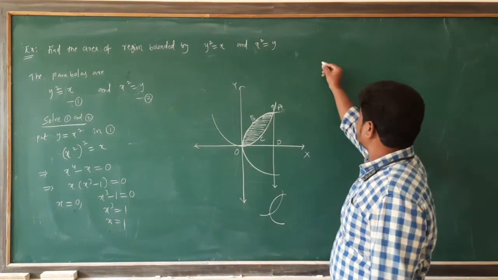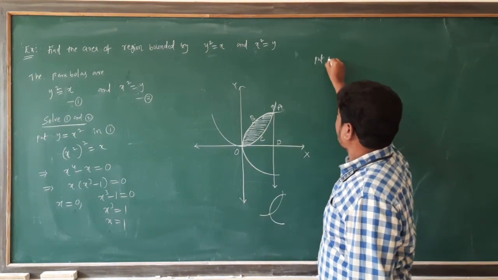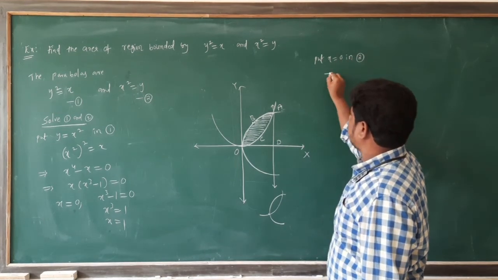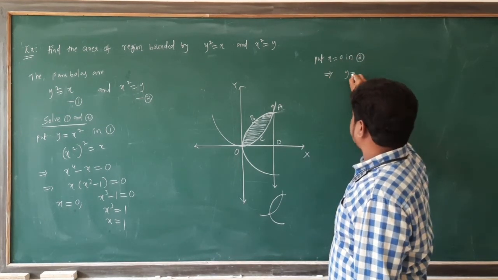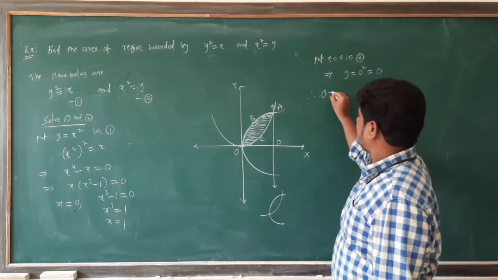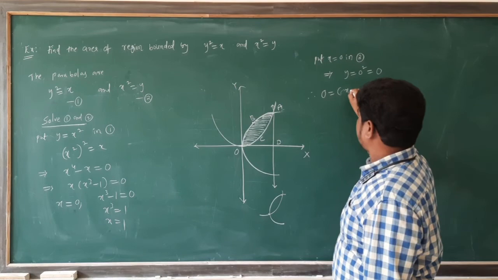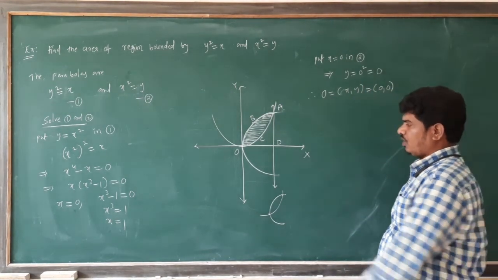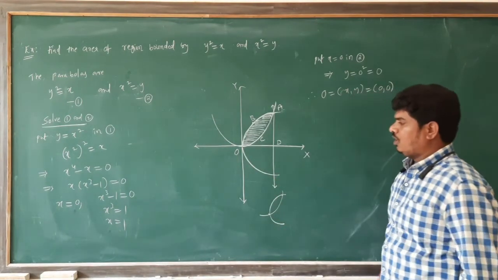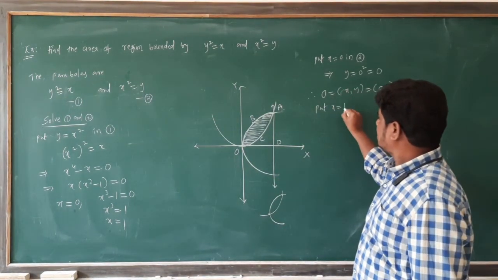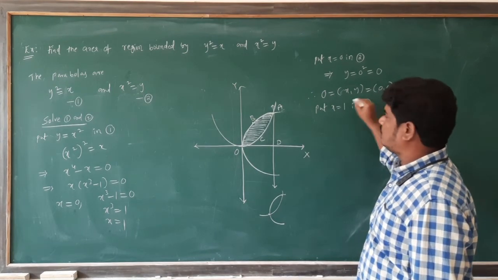Now put x equals 0 in 2. What is the value of y? 0 square equals 0. Therefore O is x comma y equals 0 comma 0. Next, put x equals 1 in 2.